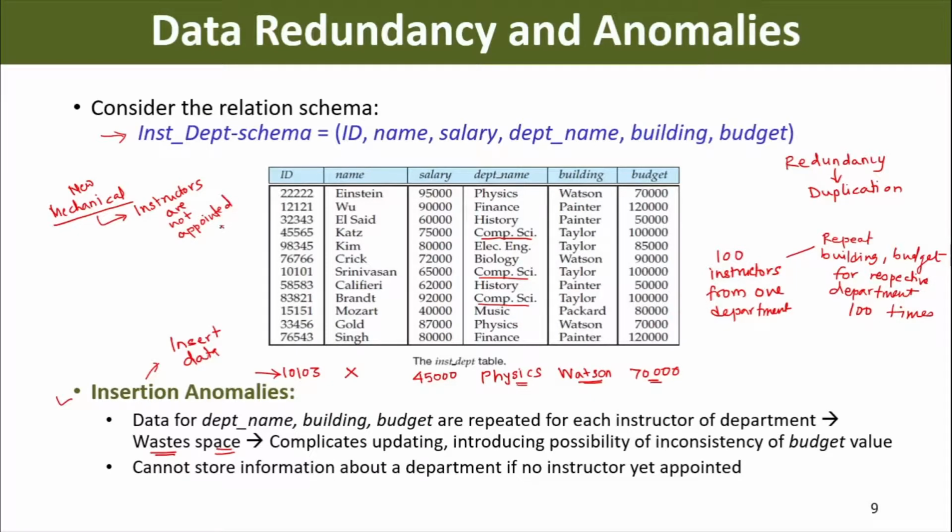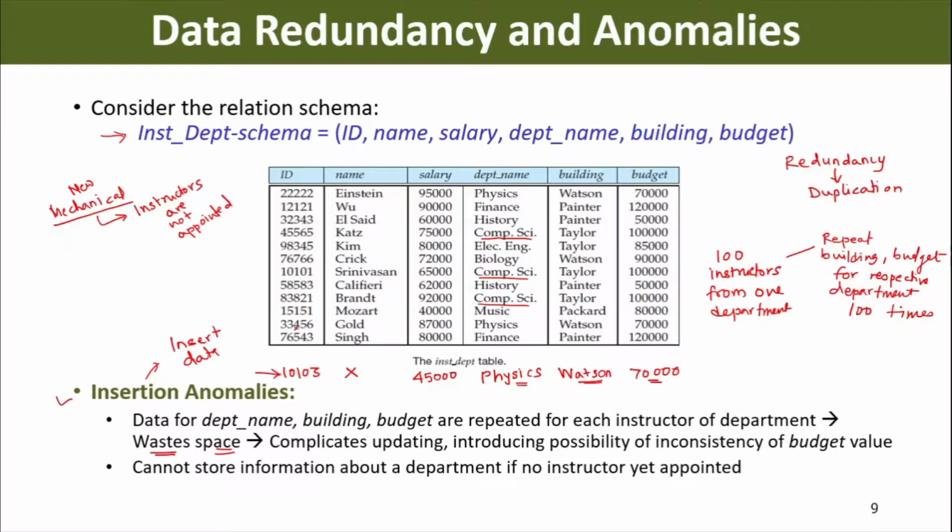Now what will happen if I have not yet appointed the instructors? It may not be possible for me to store the information of that department. What department information do we have? Name of the department, building and budget. So if I have a mechanical department located say in Watson building, with some budget, that information may not be possible to store in this relation if no instructor has been appointed yet.